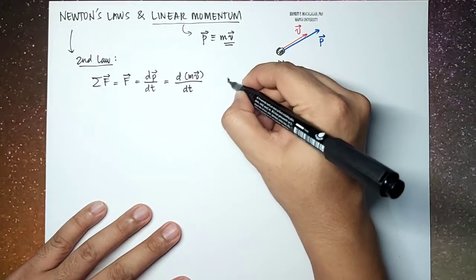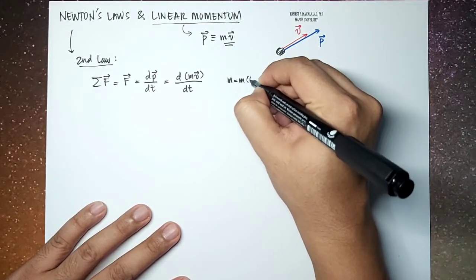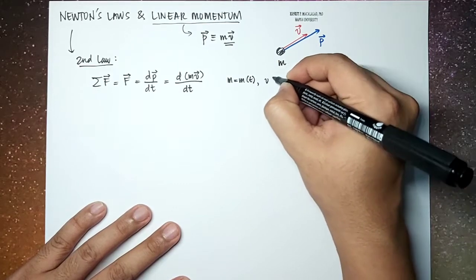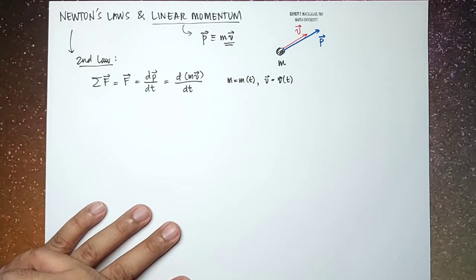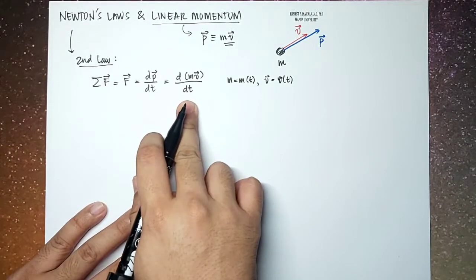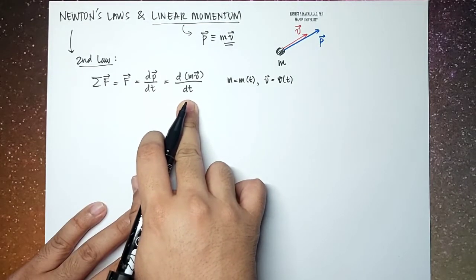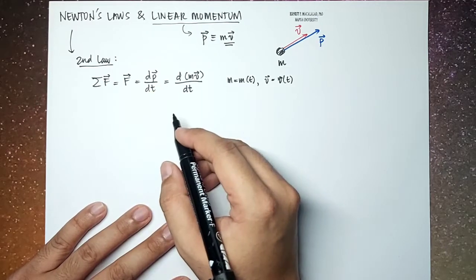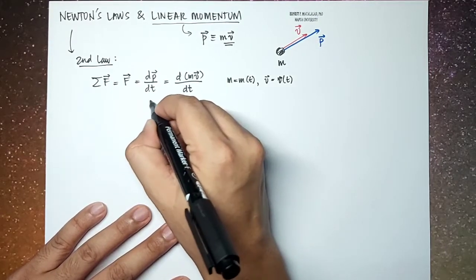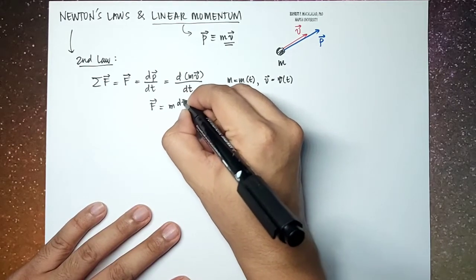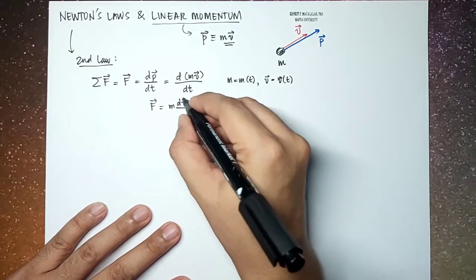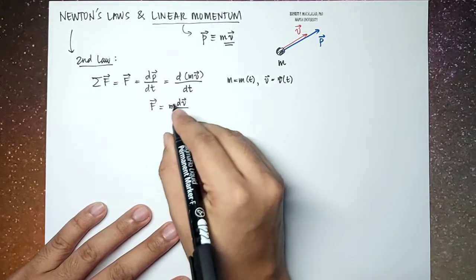Because mass may also be a function of time, and velocity may also be a function of time, this derivative will result in two terms. The first term will be the usual form wherein your mass is multiplied with the acceleration.